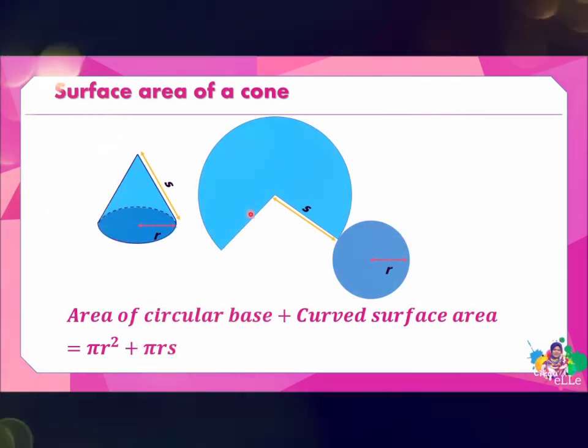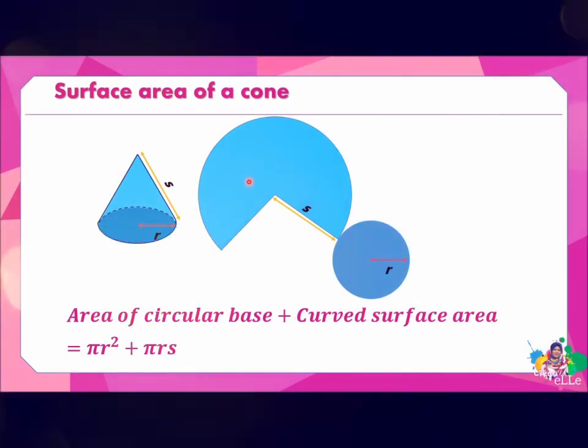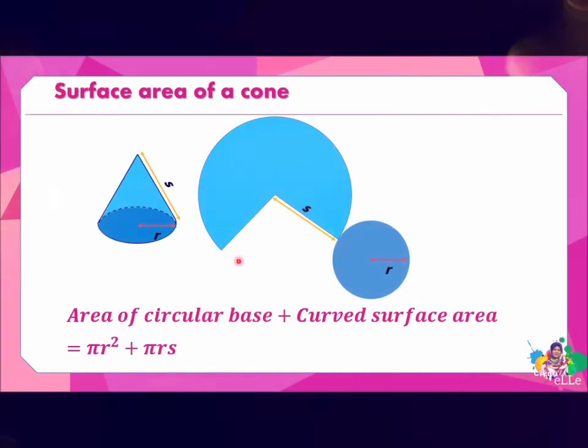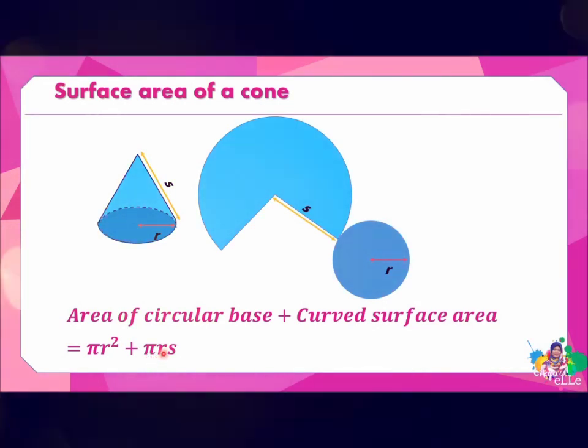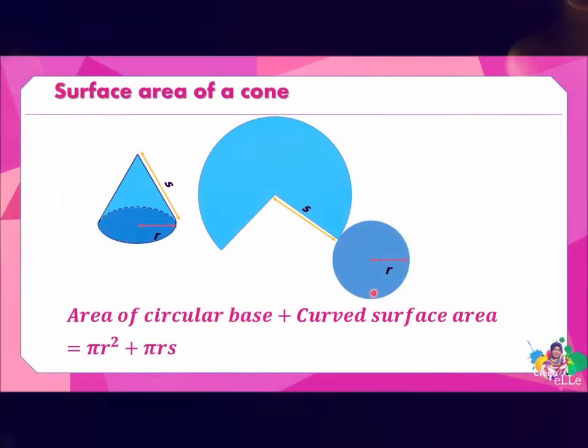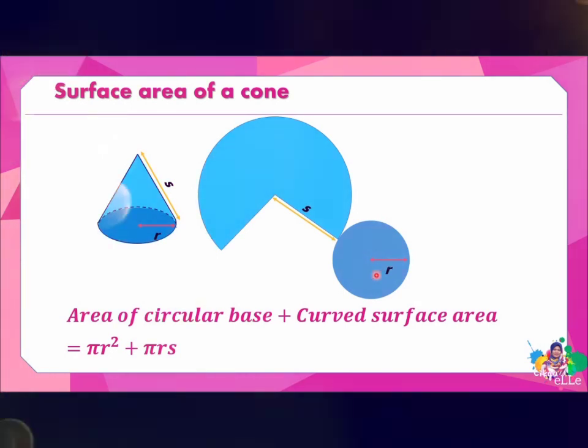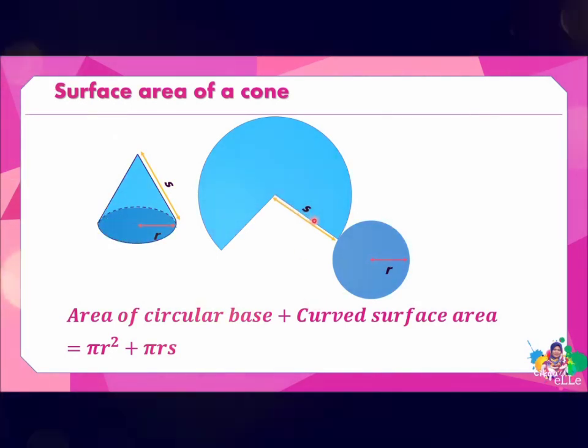To find this area, it is pi times the radius of the circular base times its slanting length.